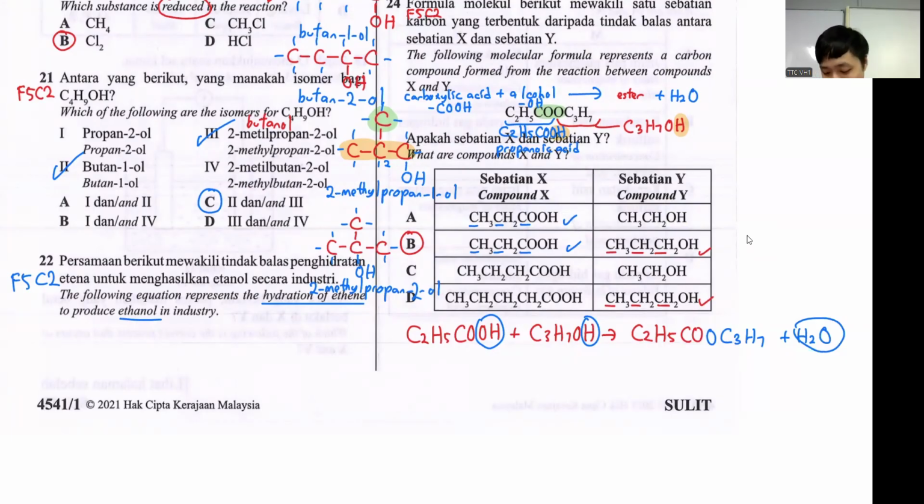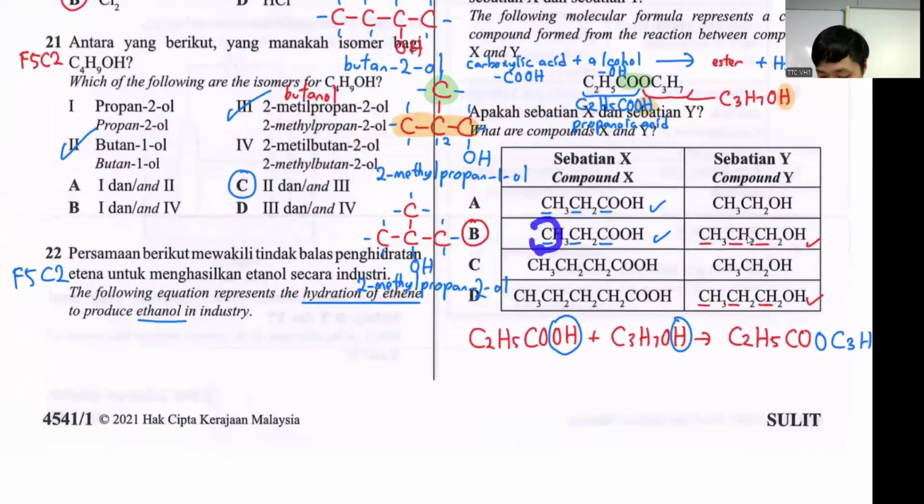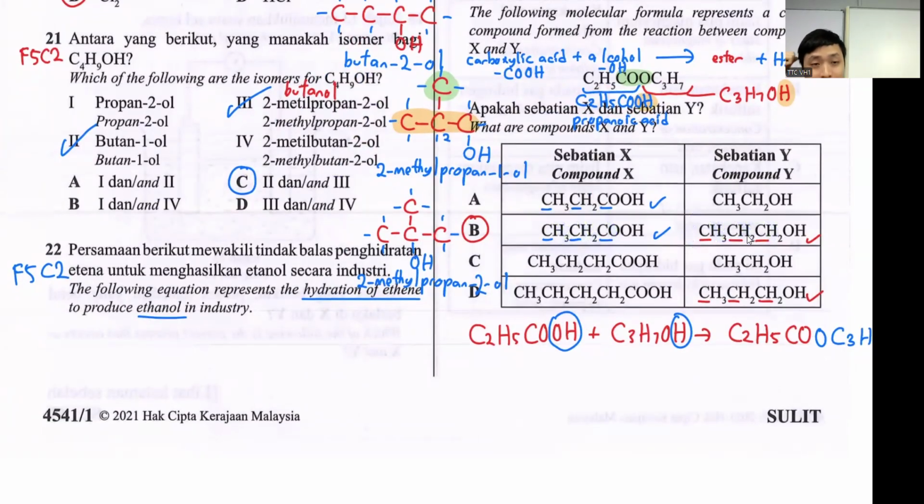It means this equals this. But I know it's confusing because they split like this. They purposely do it like this so that you won't see so clearly. But you can see through the amount of carbon. You must count one by one, except for the OH.